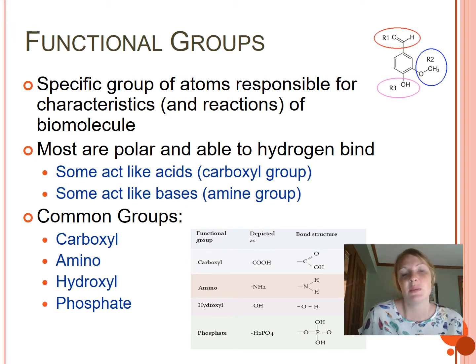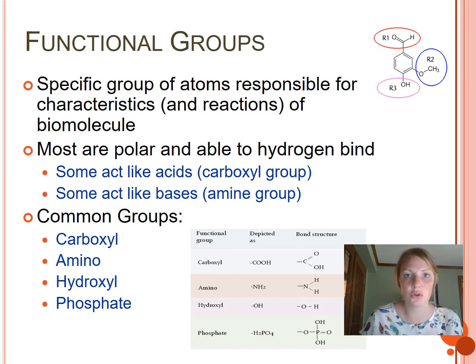We have specific groups of molecules that can be attached to a carbon backbone, whether it's a ring structure or a linear structure, and these groups can have specific properties. They could have polarity, they could be an acid, they could be a base. We call these types of groups functional groups.